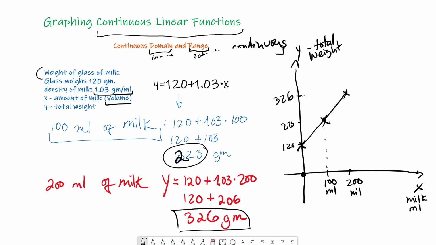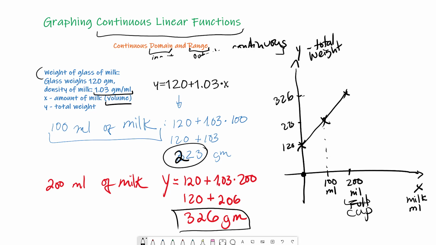but I've put a line through them. Why was I able to put a line through them? Because we can actually put any amount of milk between 0 and more or less a cup. So this is about a cup, let's say this is a full cup. So this is our domain, right?